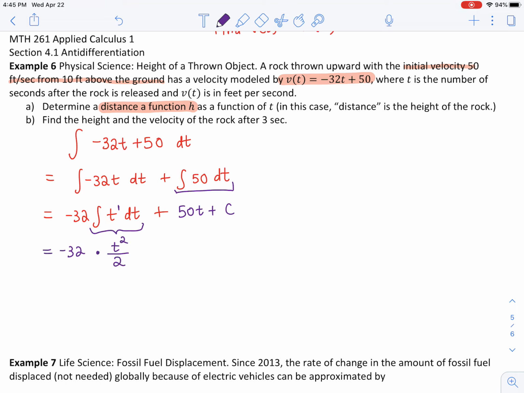This is just using what we talked about in our first part. Now let me evaluate this t dt. The original exponent is 1, so you go up by 1 and then divide by that new power. So the integral of t dt gives you t squared over 2 plus the constant of integration c.